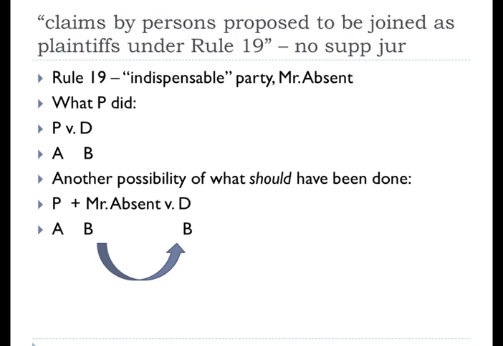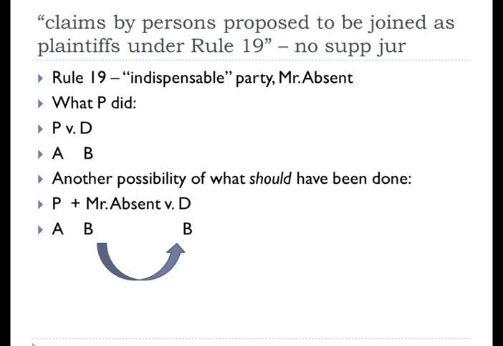Another way that a person added under Rule 19 could be added is that they could be added as a plaintiff. On the last screen, we had them added as a defendant. So here, the absent party, Mr. Absent, would be joined, or supposedly could be joined as a plaintiff, and now we make him the same citizenship as the defendant, thus again destroying complete diversity.